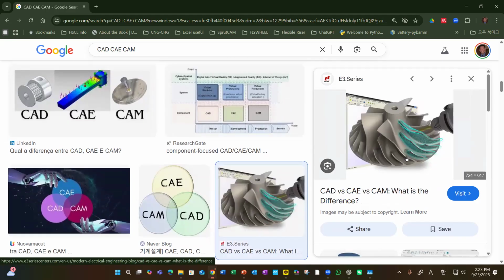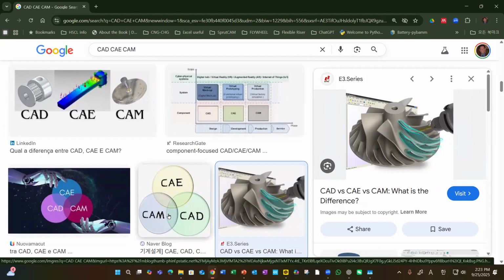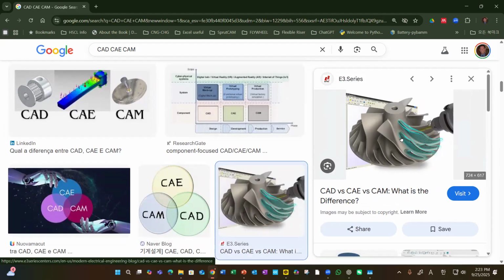Each department's engineers will have their own strengths and weaknesses. And these three, CAD, CAE, CAM, are the core knowledge and skills of a mechanical engineer. In other words, out there, industry will hire you as a mechanical engineer.